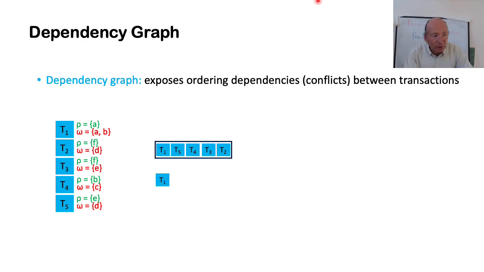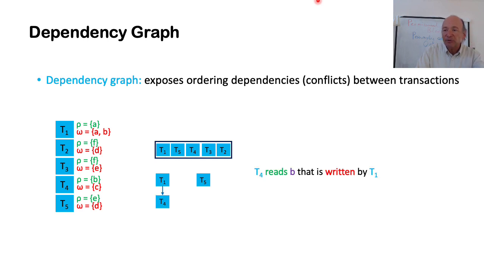Then they are going to be ordered, and the order will be captured between the different dependencies that arise between the different transactions. So for example, in this case, T1 was executed and it wrote A and B, and then T4 read B, and it follows it in the order. Left is the head of the blockchain.